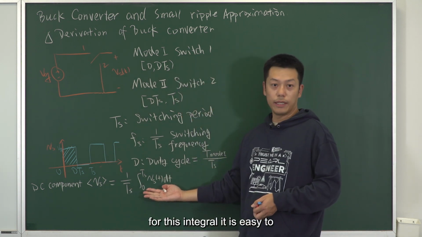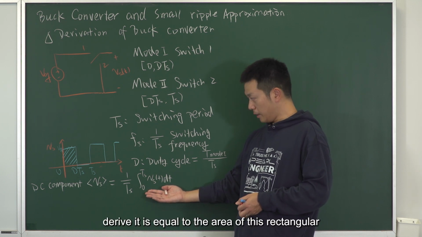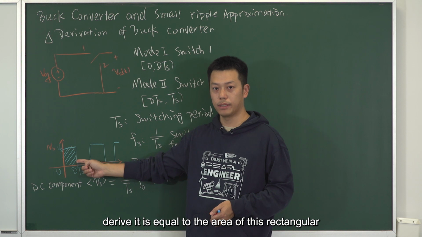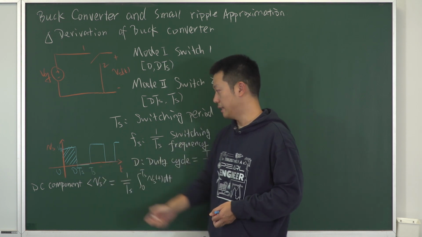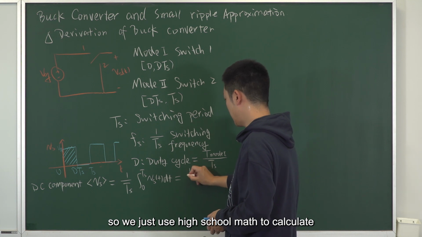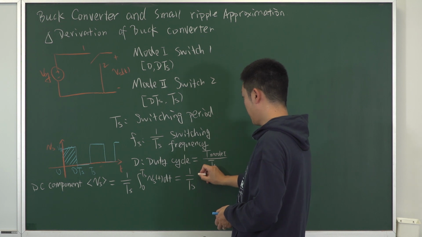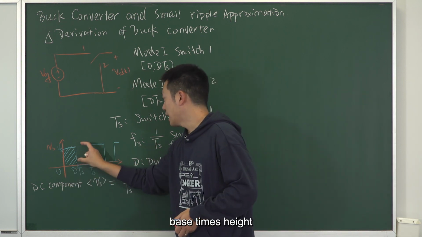For this integral, it is easy to derive. It is equal to the area of this rectangle, right? So we just use high school math to calculate. The integral equals base times height.